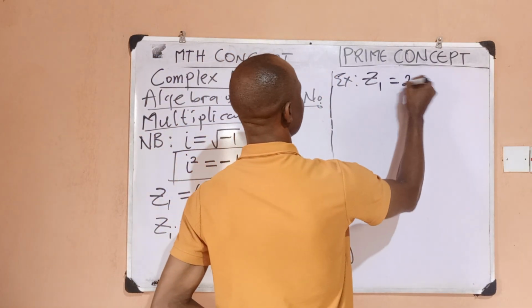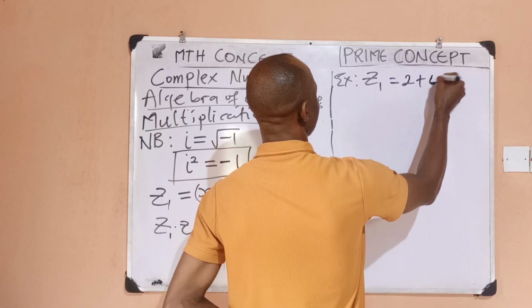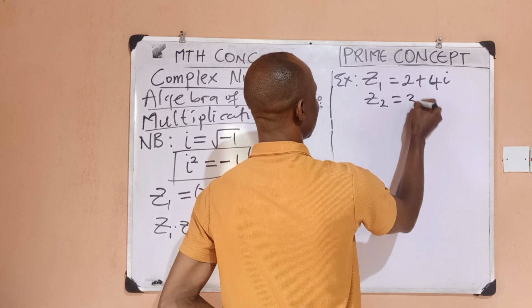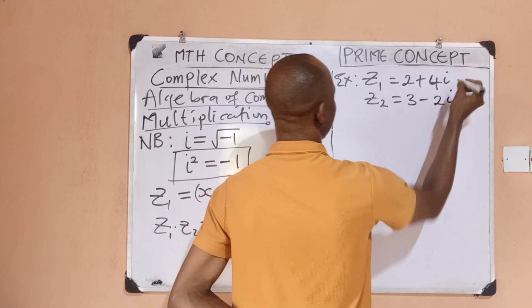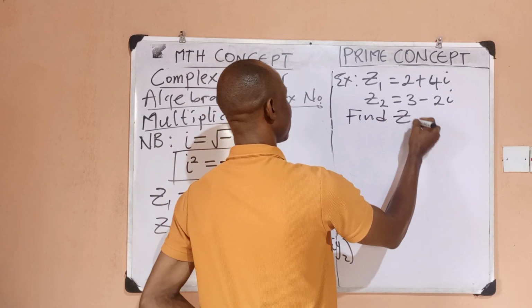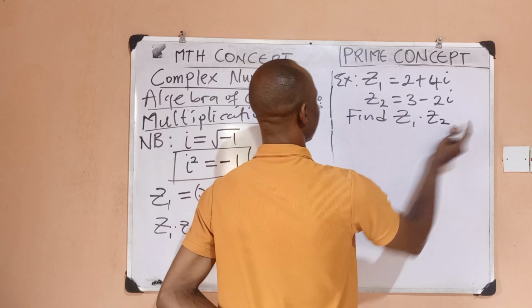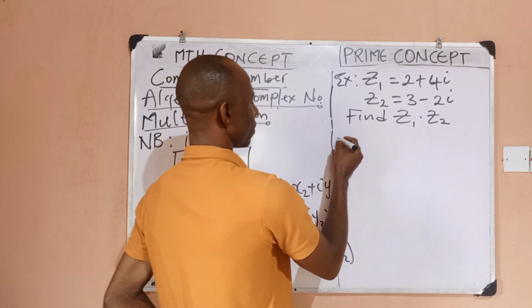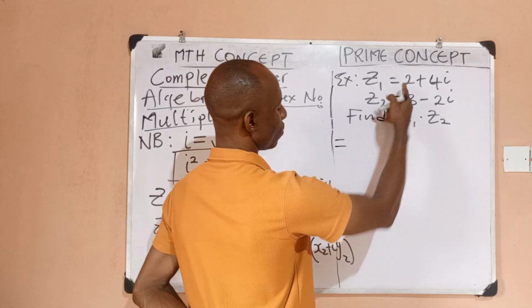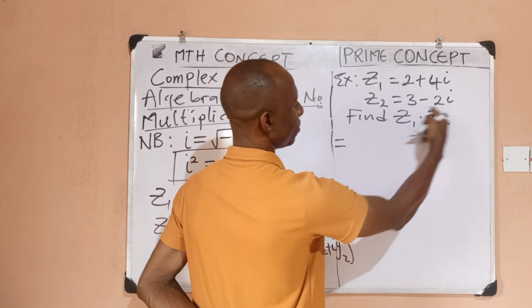z1 is equal to 2 plus 4i. z2 is equal to 3 minus 2i. So I want to find z1 times z2. What I'm going to simply do is to use 2 to distribute over this.